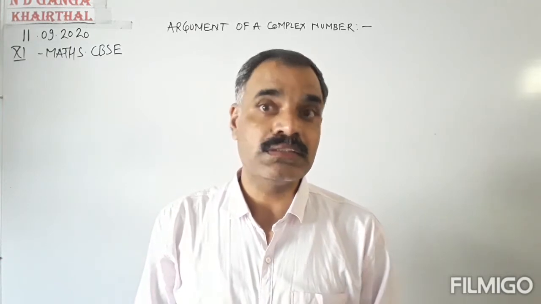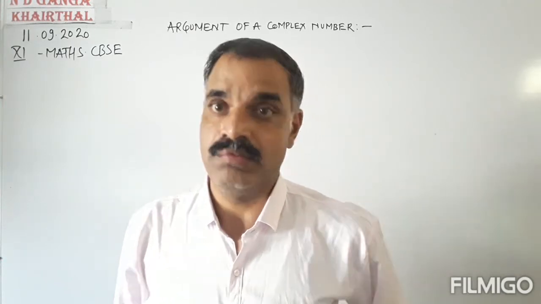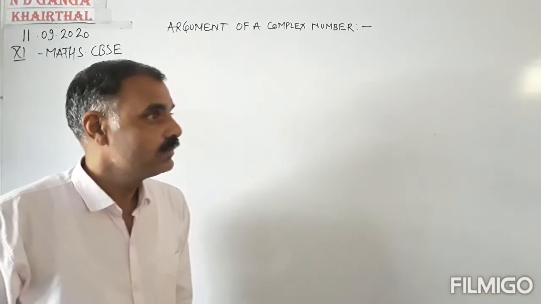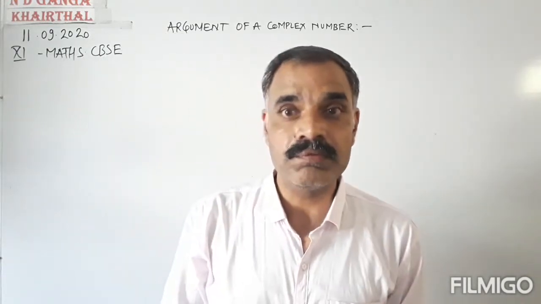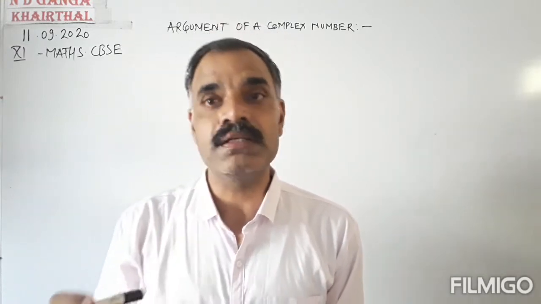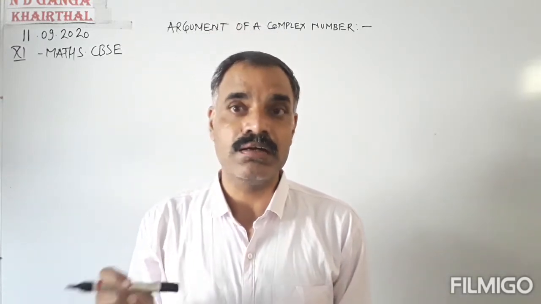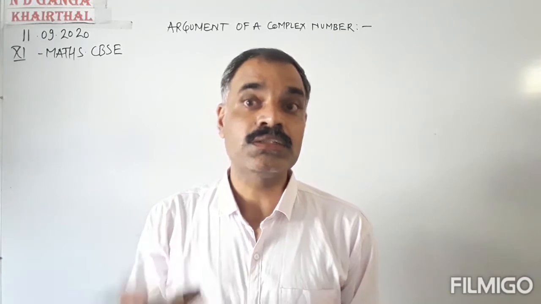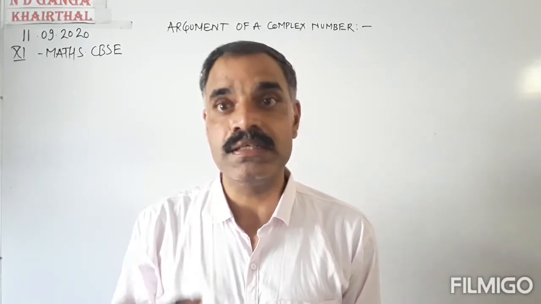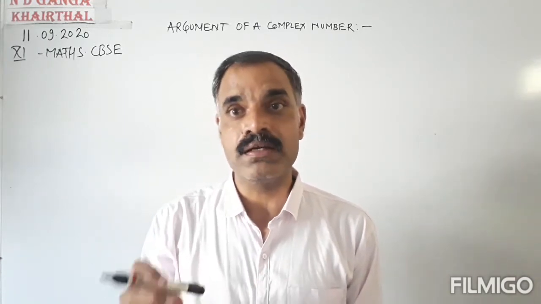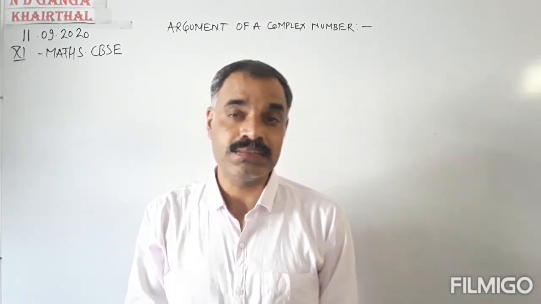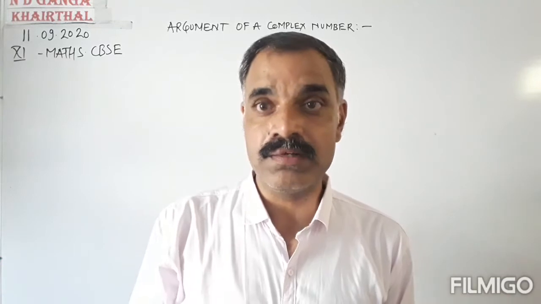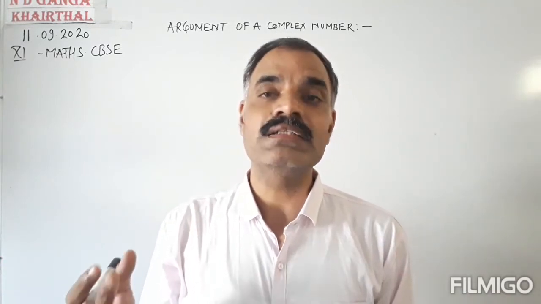The main topic is the argument of a complex number. The standard form of the complex number Z is a plus iota b or x plus iota y, and this complex number can be represented as the ordered pair (x, y), where x is the real part of the complex number and y is the imaginary part.